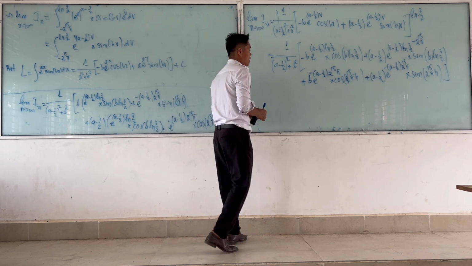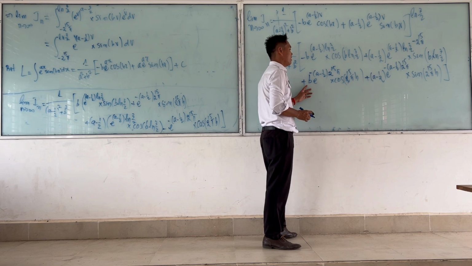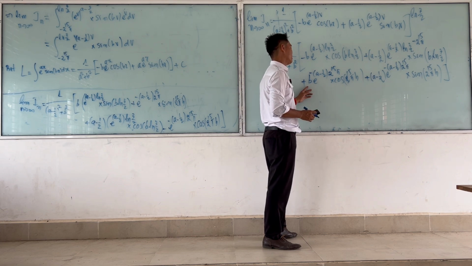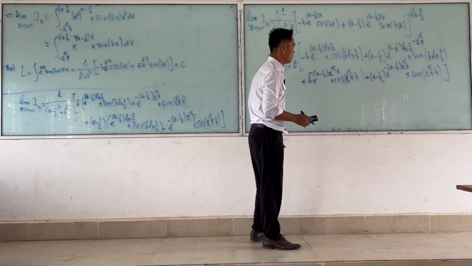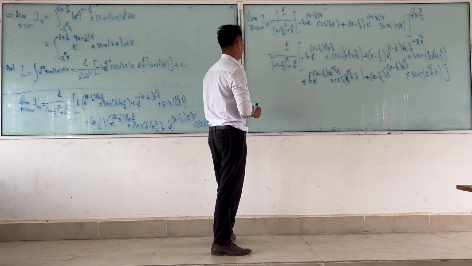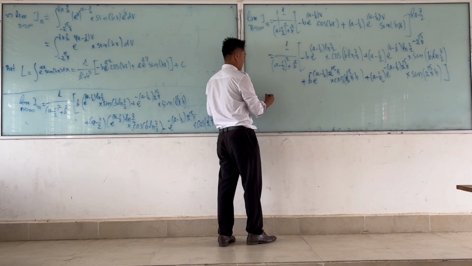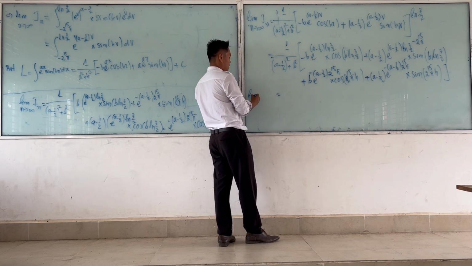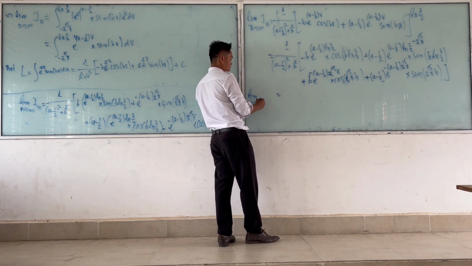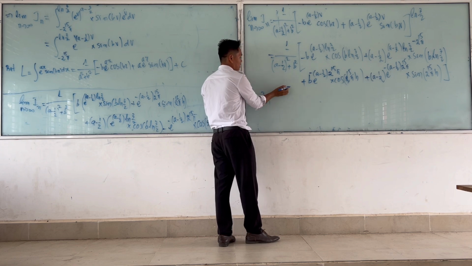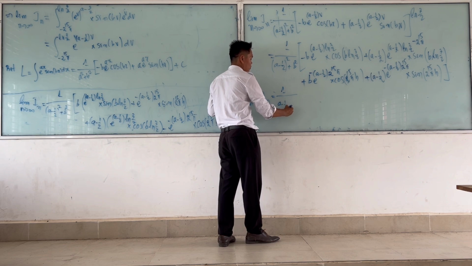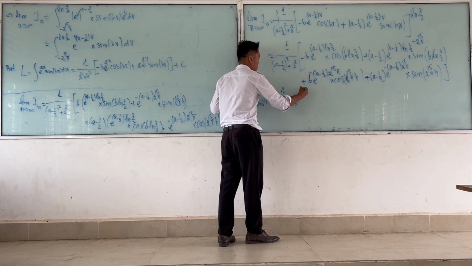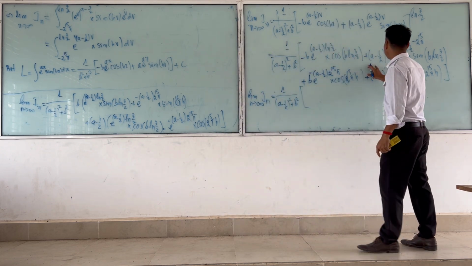So I do it again. I write something related to b and something related to a minus 1 over 2. I associate the term related to b and associate the term related to a minus 1 over 2. So I get like this. So you can say the limit as n goes to infinity of Jn equals 1 over (a minus 1 over 2) squared plus b squared, multiplied by (a minus 1 over 2) here.